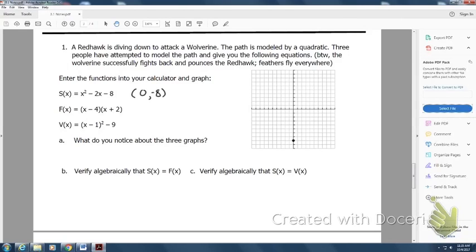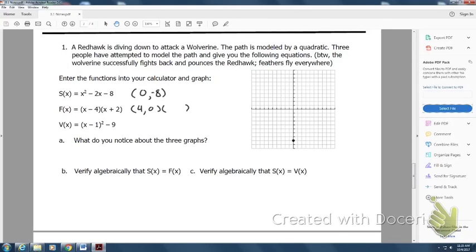Connor, the factored form. What is one of my roots? Negative 4. What do I need to do with that sign? Flip the sign. Positive 4.